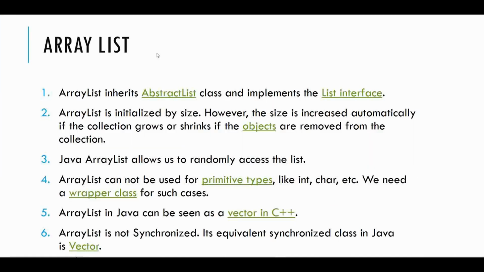So what do you mean by array list? When we speak about the array list, basically it is one of the classes defined in the Java package. Okay, so java.util.ArrayList comes under the java.util package, and it inherits an abstract class and implements the List interface.